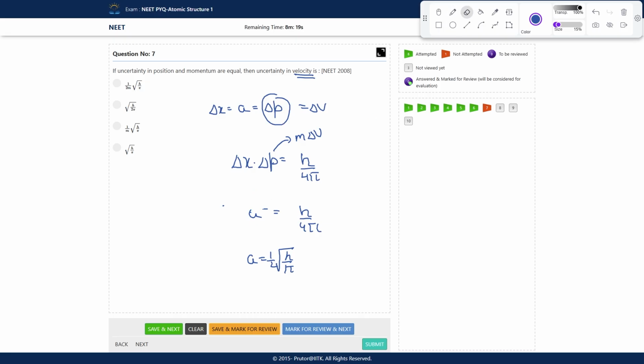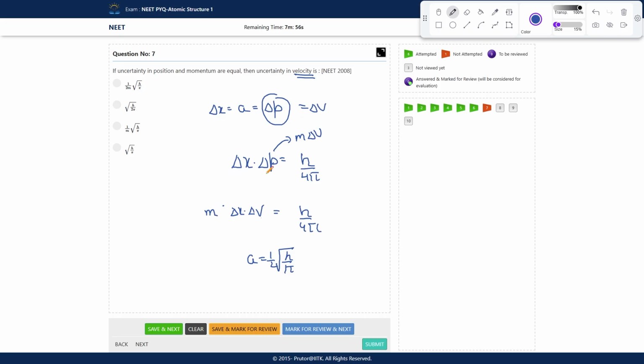We can write delta X into delta V multiplied by M will give you this, which is h by 4 pi.